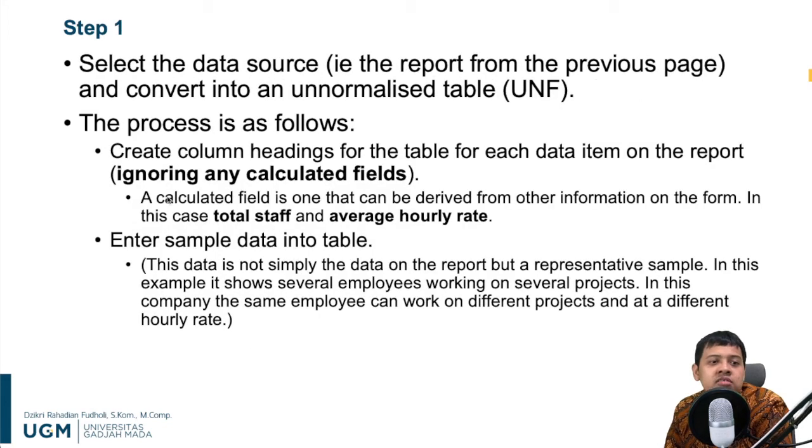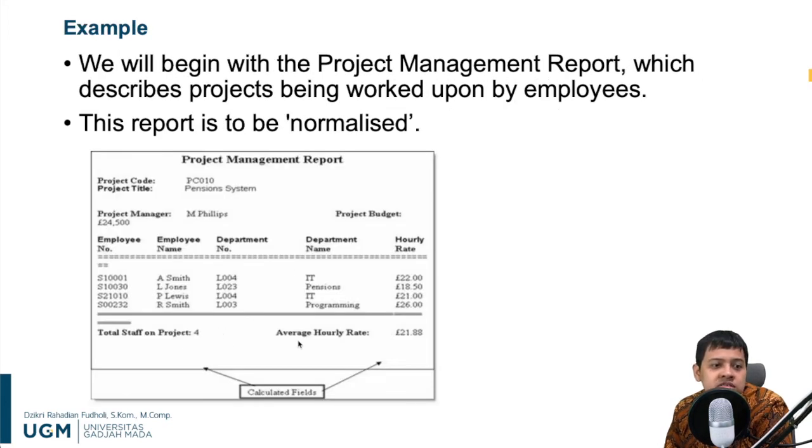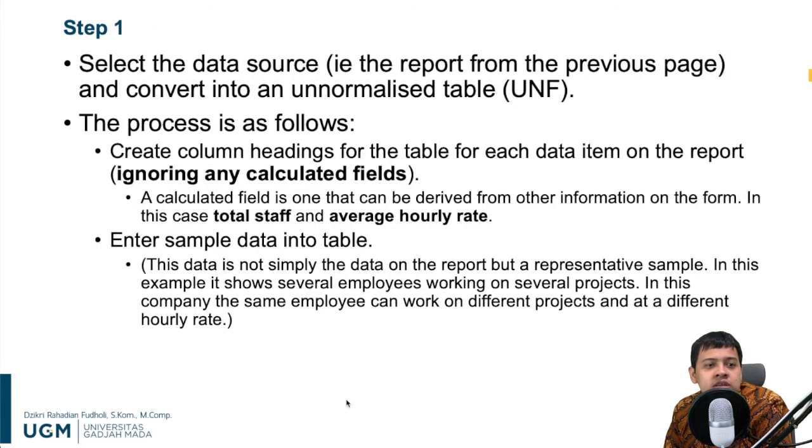However, without the calculated fields. The total staff and the average hourly rate are calculated fields, so we don't include them because they can be derived, as I said before. And we can also enter sample data into the table.